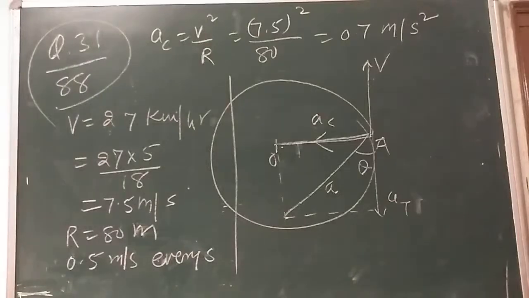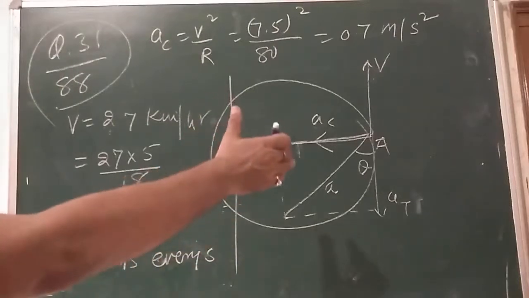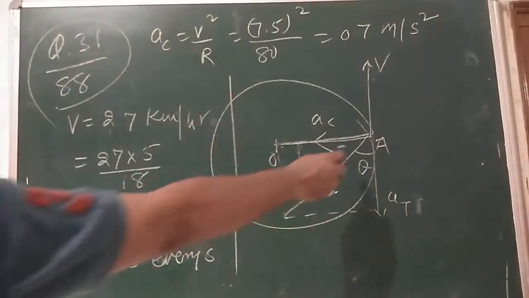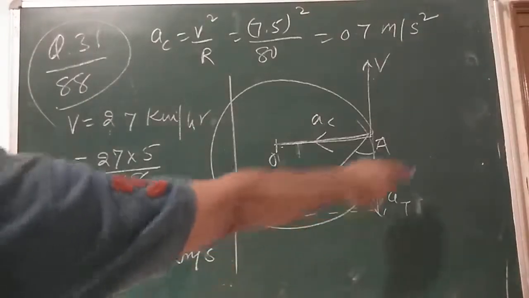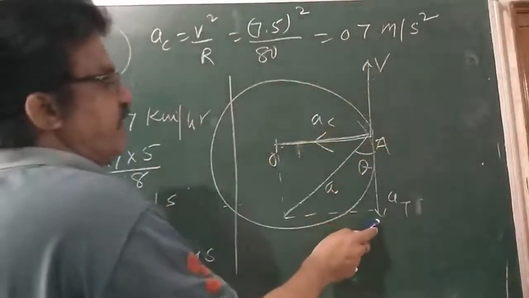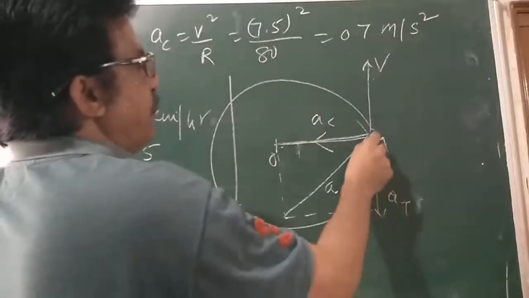Then let us suppose the cyclist applies a brake at the point A of the circular turn, then the retardation produced due to the brakes, AT, will act opposite to that of velocity. Here the tangential acceleration acts because he is applying a brake.